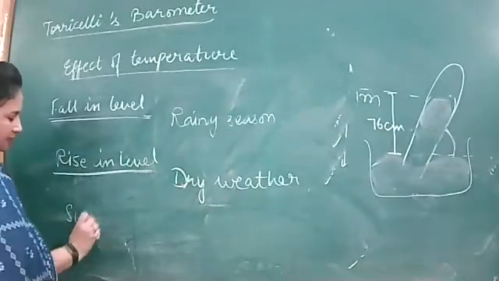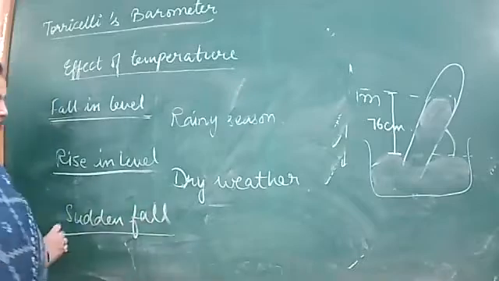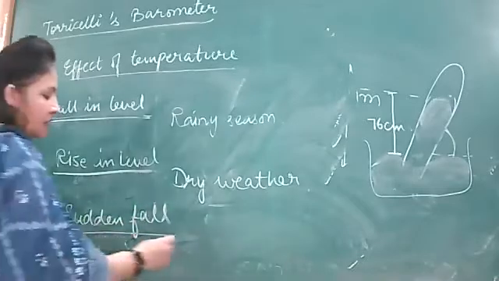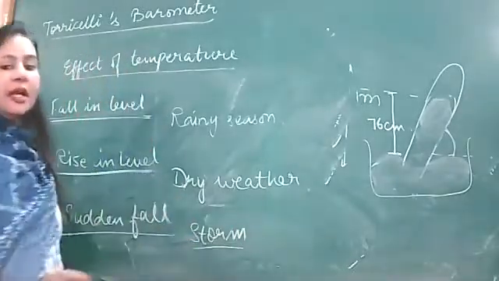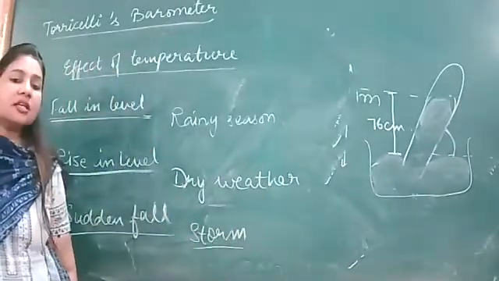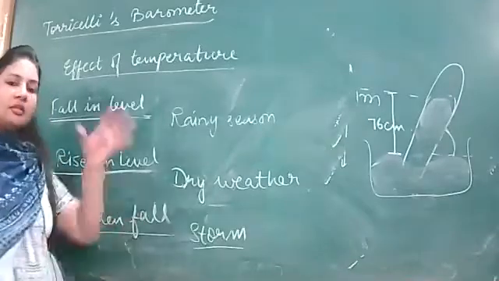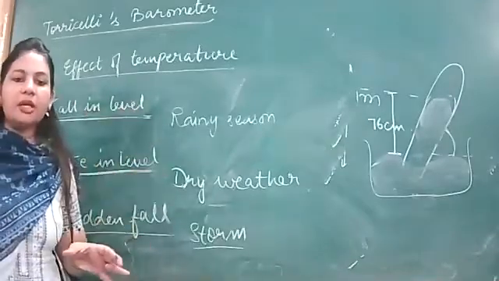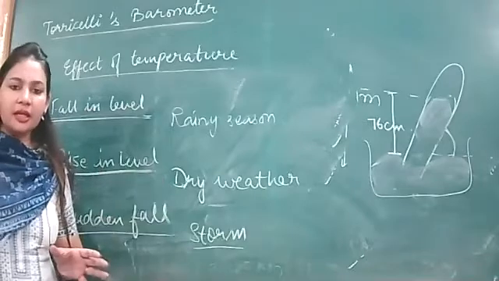But suppose there is sudden fall in the level of mercury in the barometer, it will indicate the incoming of a storm. It will indicate stormy weather. What is the reason behind that? Because if level of mercury is falling in the barometer, that will indicate a low pressure region in that area.